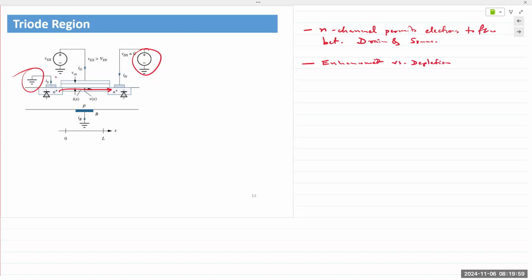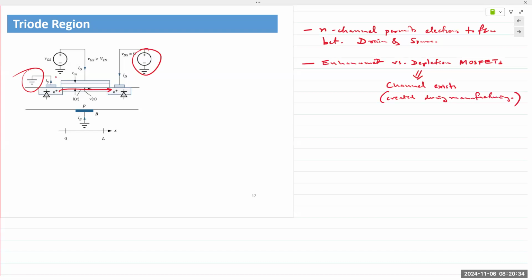Depletion mode MOSFETs, similar to the depletion mode JFETs, have a channel that already exists, created during the manufacturing process.